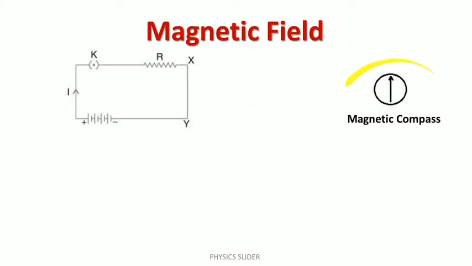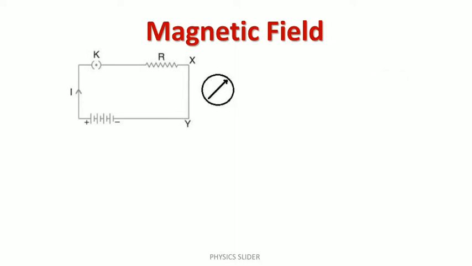But when this magnetic compass comes closer, there will be a deflection in the needle like this. When it comes closer, the needle deflects. Why does this deflect? Because now it is in the region of attraction or repulsion of this current carrying wire.